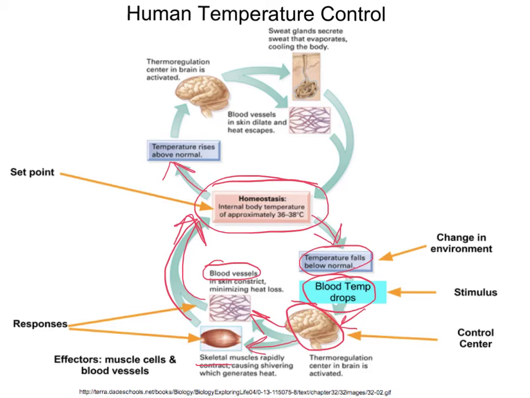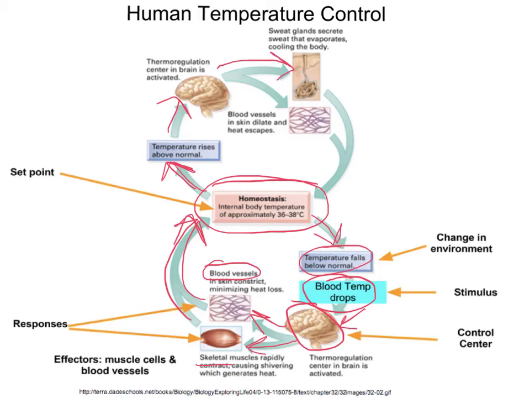Now, let's suppose that works and maybe it shoots above the set point. So now our blood temperature is above the set point, which is our stimulus. Then we have our control center, the brain, that's going to sense this temperature change. Then it's going to send messages to effectors.